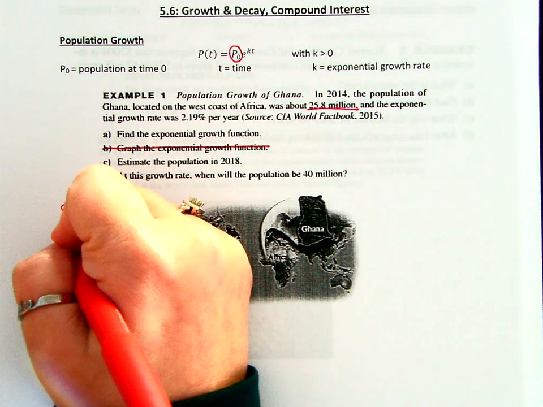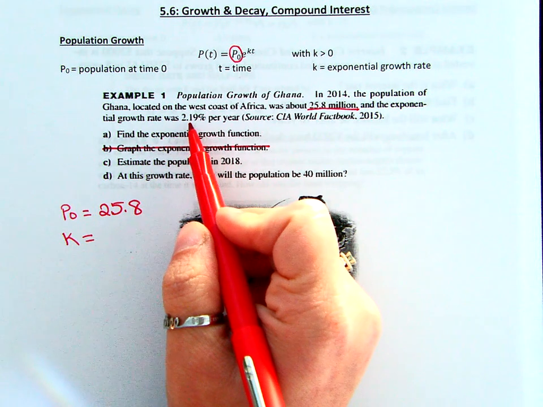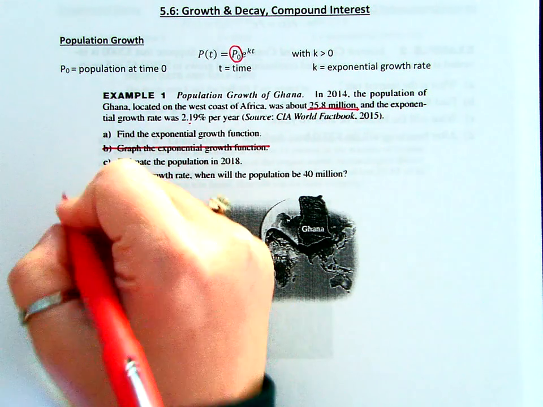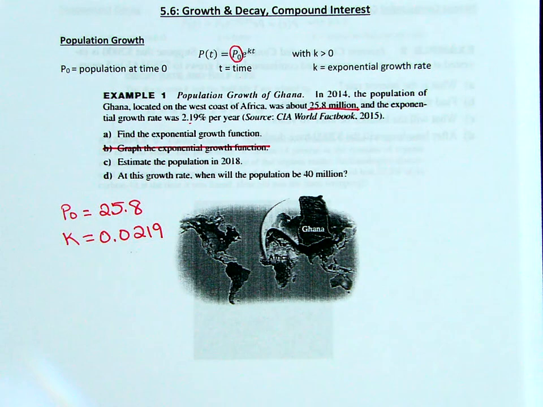Remember, the k is your exponential growth rate. It is going to give you a percentage, and you always want to convert your percentage over to a decimal. So 0.0219 is going to be your exponential growth rate. What that means is that Ghana's population is going up by 2.19% every single year.